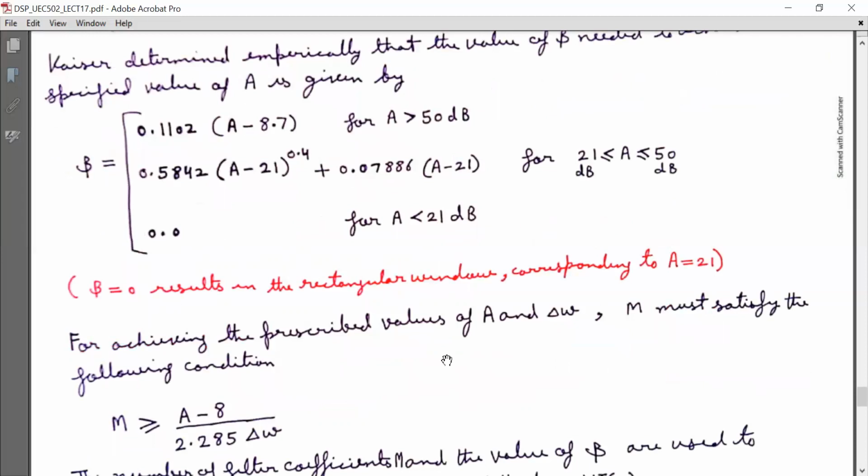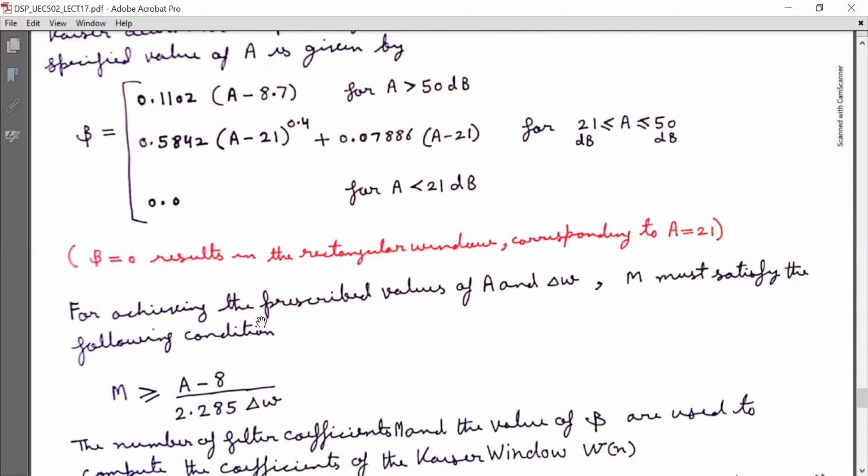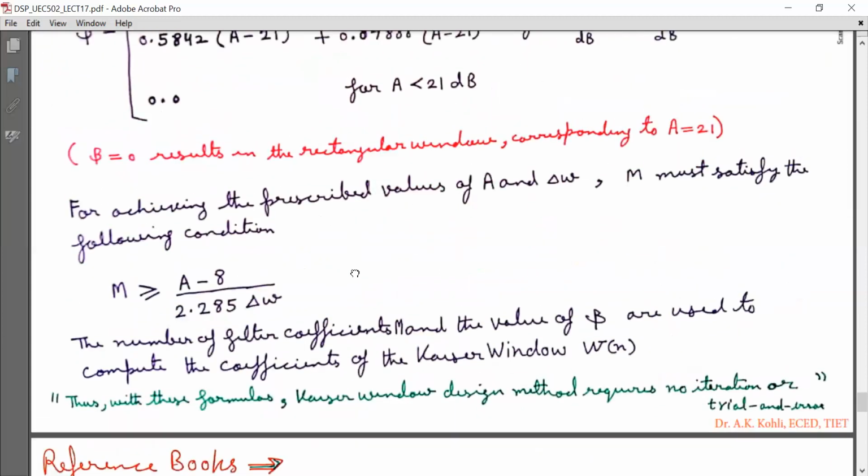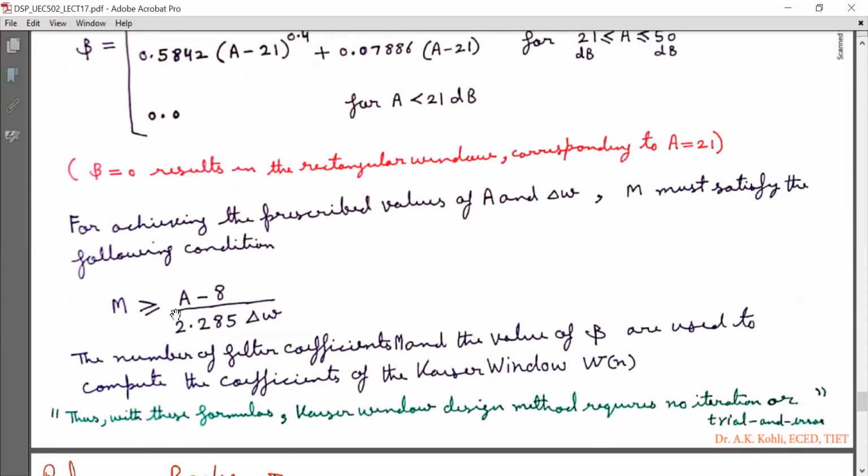We can approximate all the windows by proper setting of parameters in the Kaiser window. For achieving the prescribed values of A and delta omega, M must satisfy the following condition: M is greater than or equal to (A minus 8) over (2.285 delta omega).